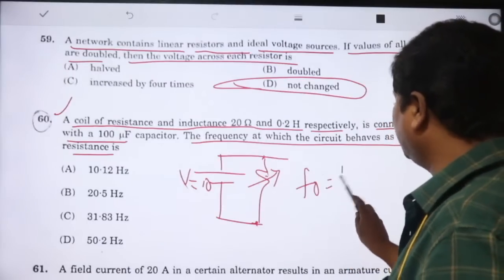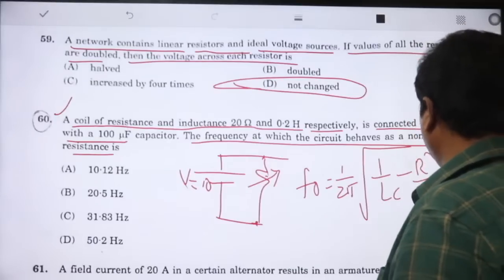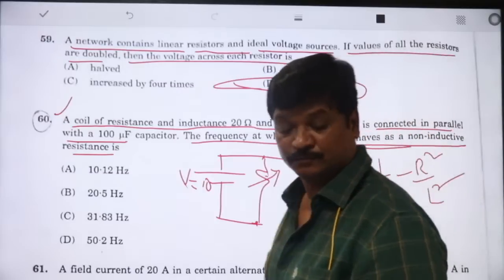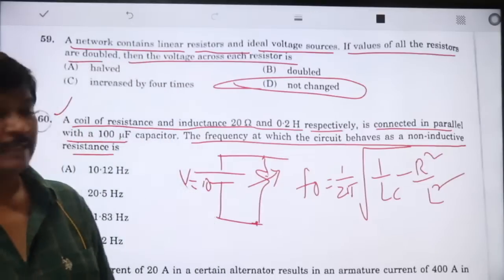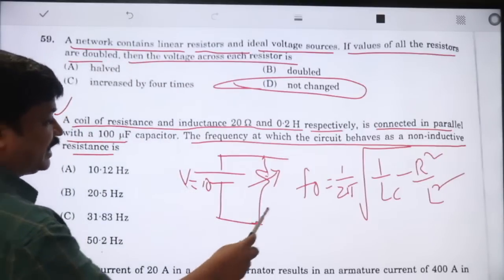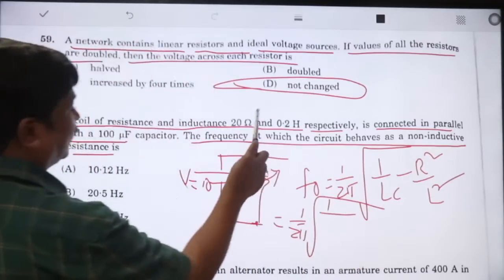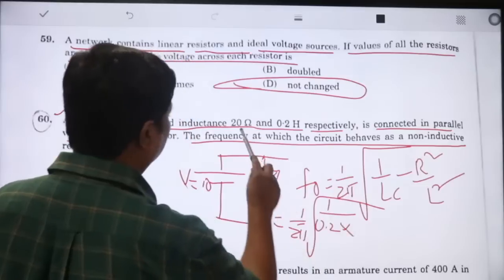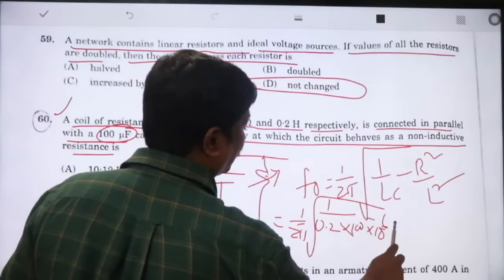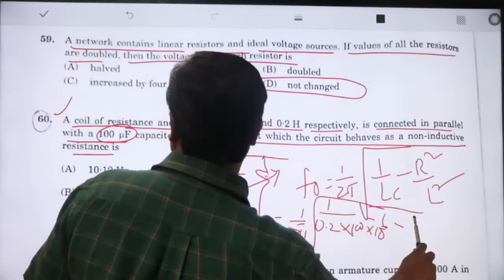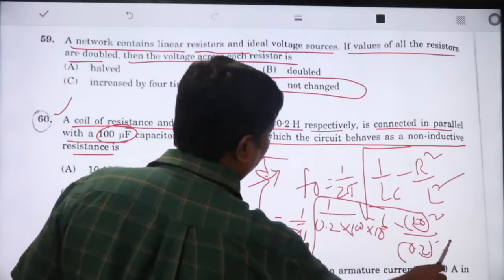F naught is equal to 1 by 2 pi root of 1 by LC minus R square by L square. So if you substitute these values, 1 by 2 pi root of 1 by L, which is 0.2, into C, which is 100 microfarads, 100 into 10 power of minus 6, minus R square, R is 20, 20 square divided by L square, 0.2 whole square.